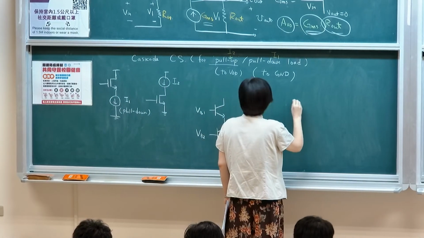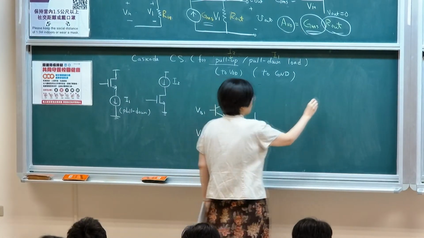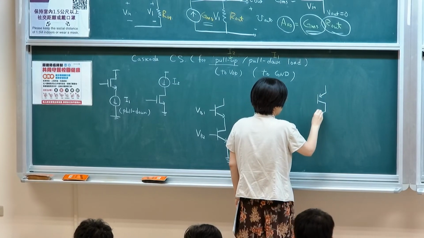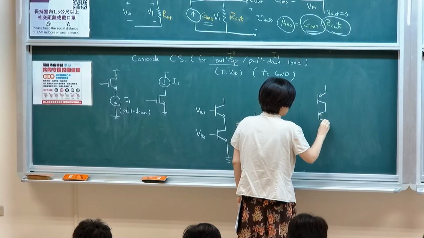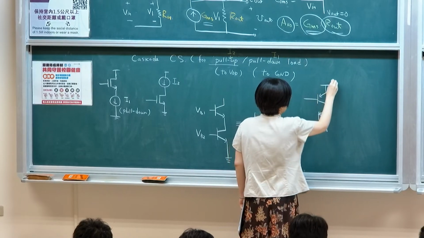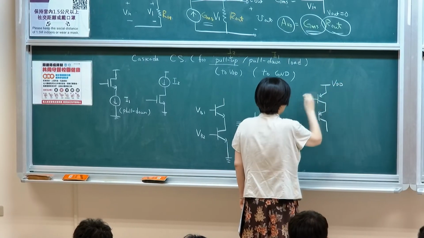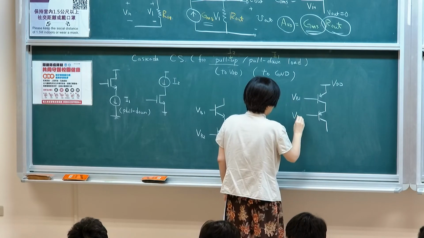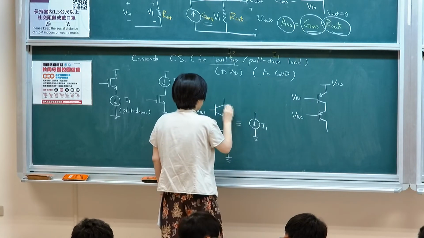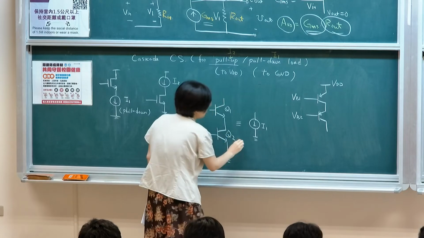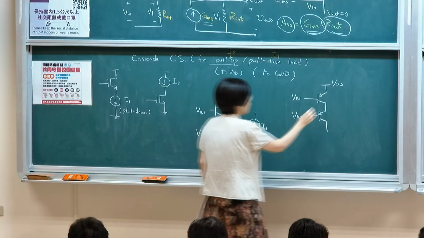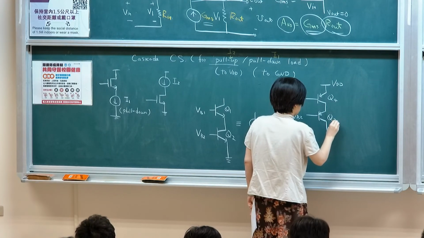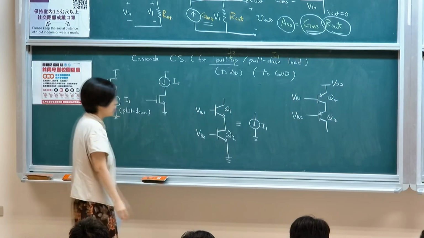For I2, the pull-up will be something more like this. You're going to use PNP instead. So this will be Q1, Q2, Q4, Q3. I don't know, did I label it correctly?